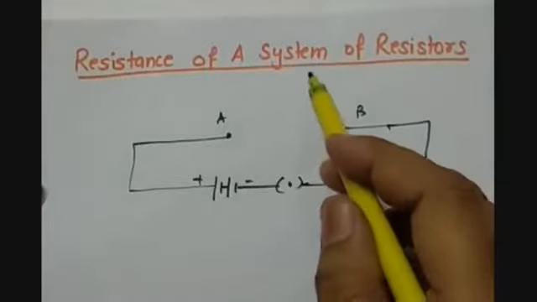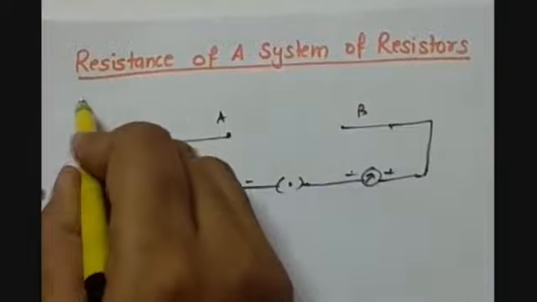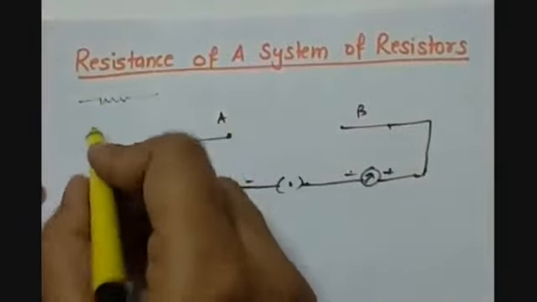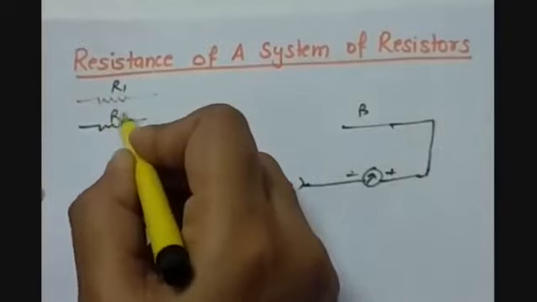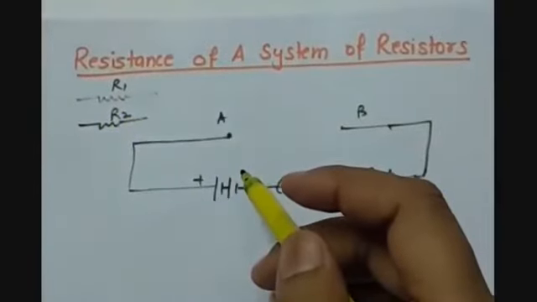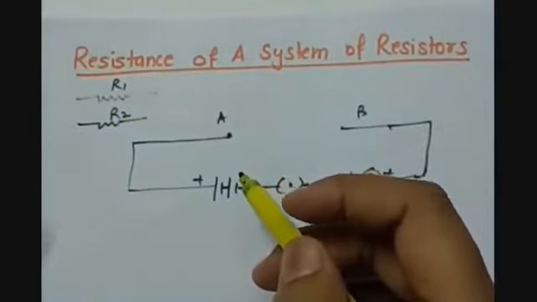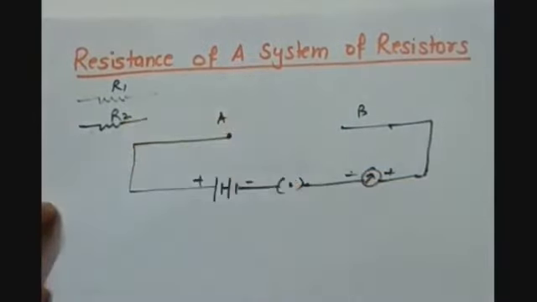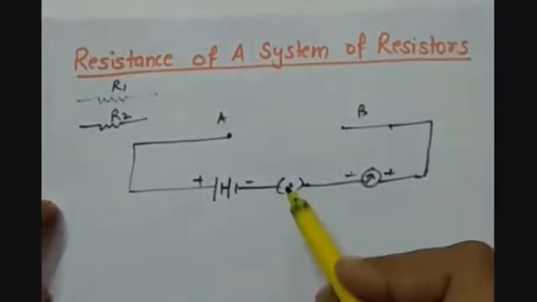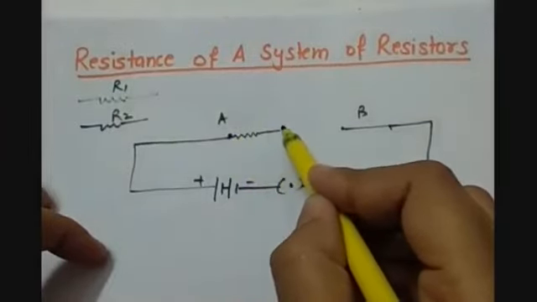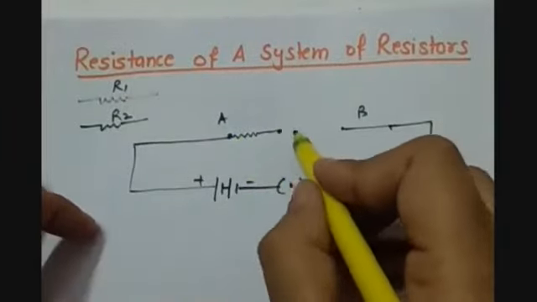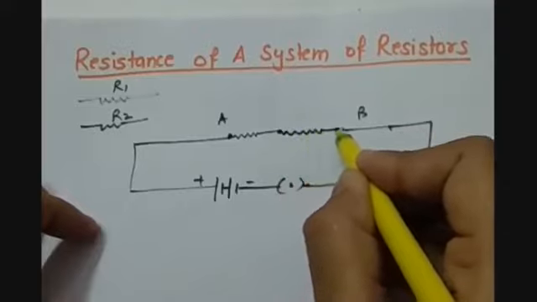Suppose we have two resistors, R1 and R2. There are two methods by which we can connect these R1 and R2 together. Suppose in the circuit we connect R1 and then we connect R2 this way.